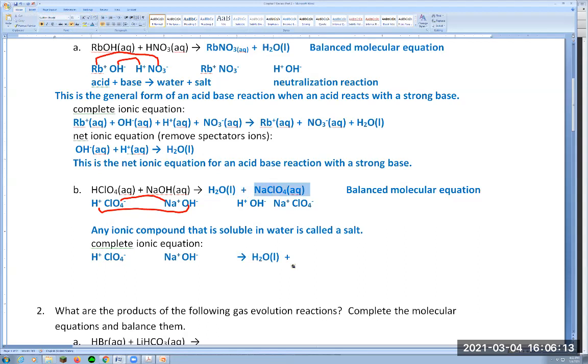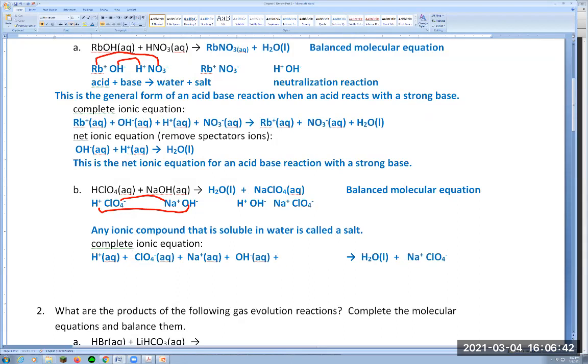But this NaClO4 is going to be ions floating in water. So this will be ions. So let me add the fact that all of these are aqueous. So it's the formula of the ions, but they are each aqueous, right? So H plus aqueous plus the perchlorate is another aqueous ion plus the sodium.